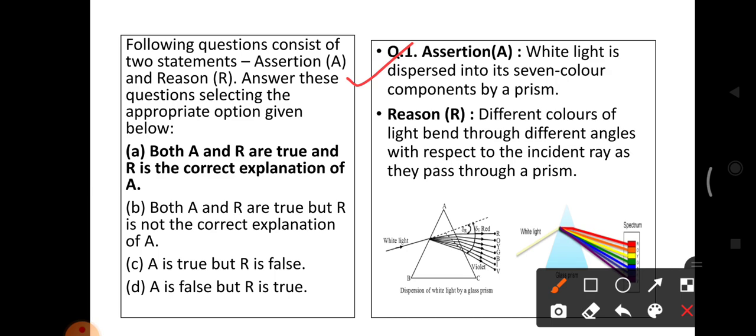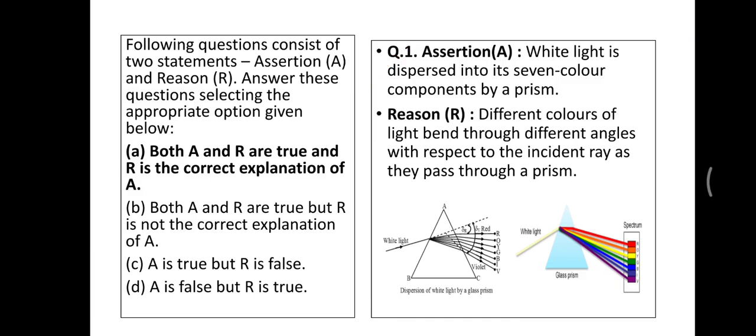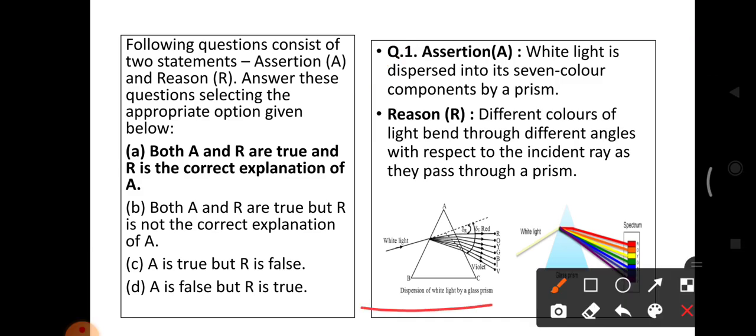The reason: different colors of light bend through different angles with respect to the incident ray as they pass through a prism. Yes, see in this diagram, this is the incident light. When it enters the prism, it is dispersed into 7 colors at different angles.